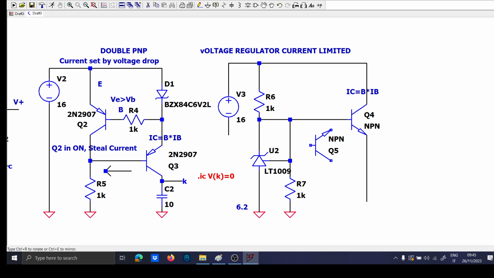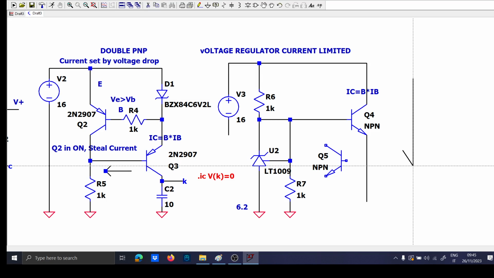Well, the answer is simple. The NPN takes current from the collector. So if you draw the model of the NPN, the current flowing is in this sense here. Imagine like there are diodes, and the diode is pointed towards the ground.